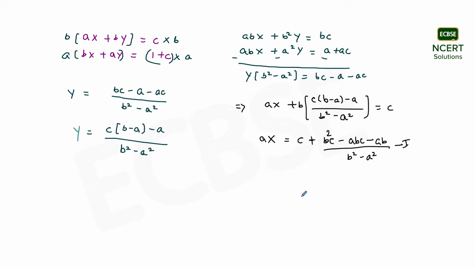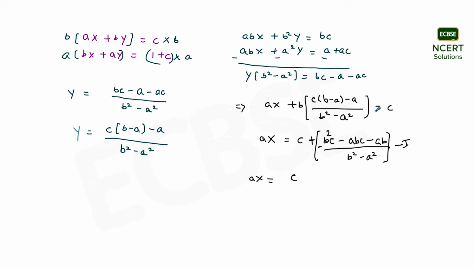So what I'll be doing here is taking the LCM on the right hand side. Now taking the LCM, what will it be? ax is equal to c. As we have taken this term from the left hand side to the right hand side, its sign will change.